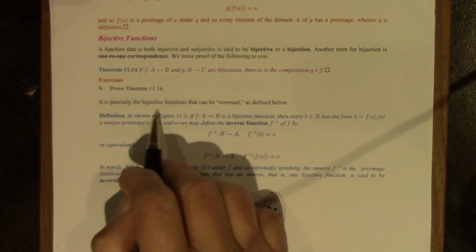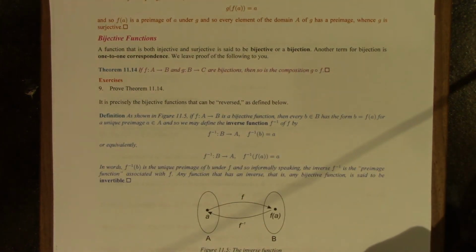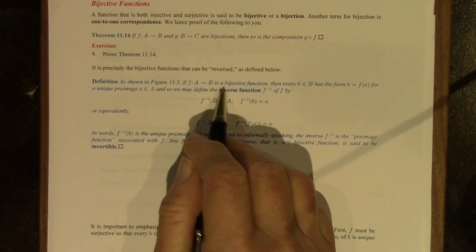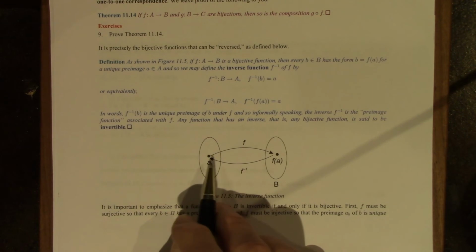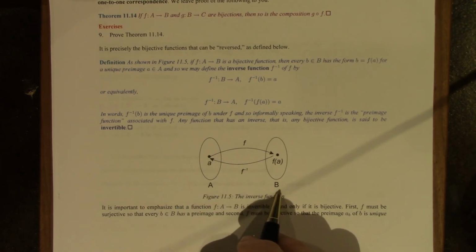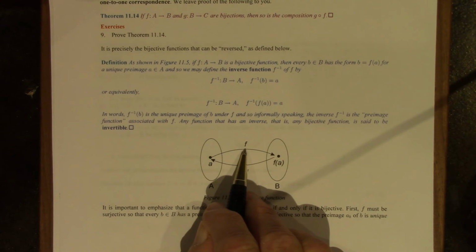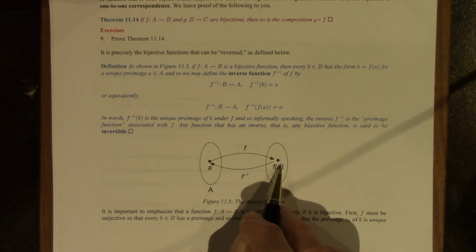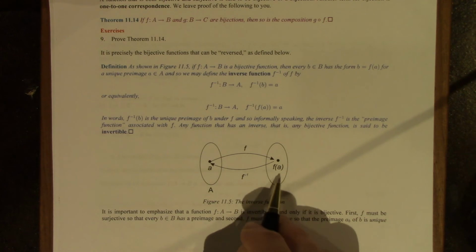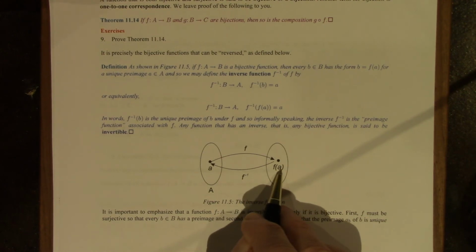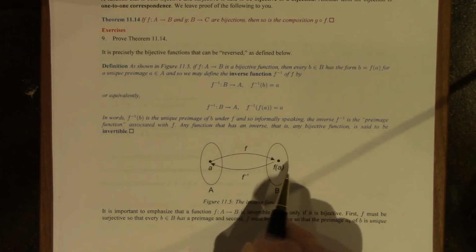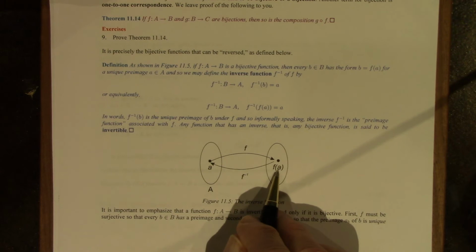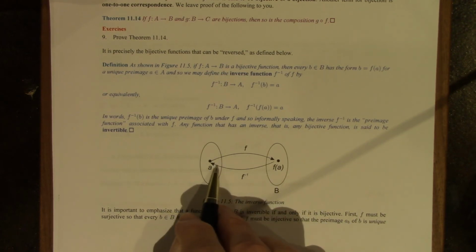It is precisely the bijective functions that can be reversed. And what I mean by that is the following. Here's a picture. F is a function from A to B, and if it's bijective, then every element in capital B has the form F of little a for some a in capital A. That's the surjectivity. The injectivity tells us that the pre-image a is unique.